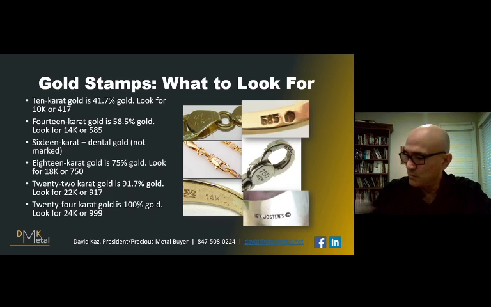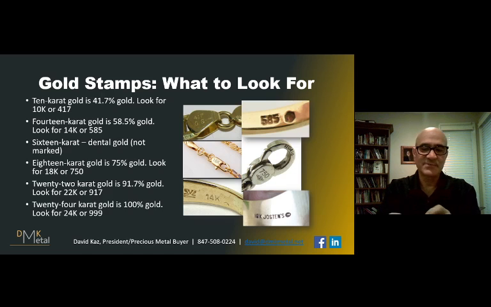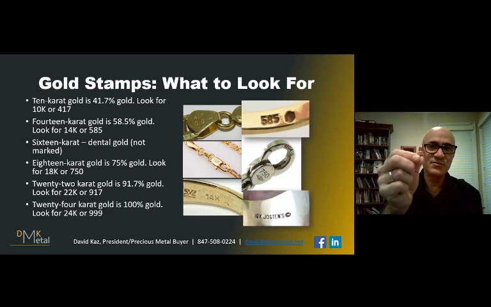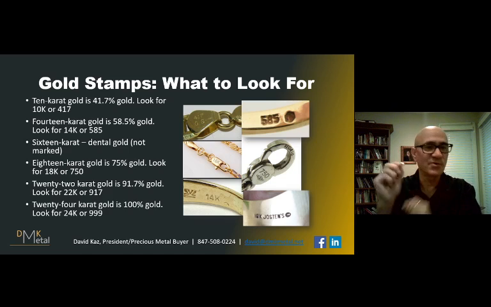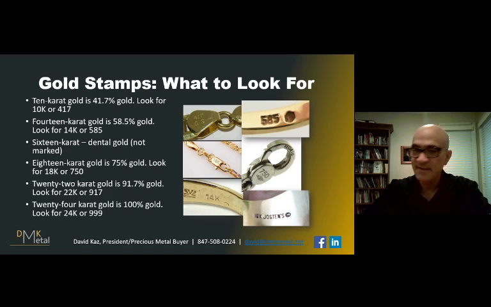Now dental gold is not stamped, because when the dentist puts a crown on your tooth, they do not stamp a carat on it, but usually, at least modern dental gold is 16 karat, though it also can range in carat. 18 karat gold is 75% gold. 22 karat gold, which is primarily gold that comes from India, very yellow, might say 917, and 24 karat gold jewelry might say 24K or 999.